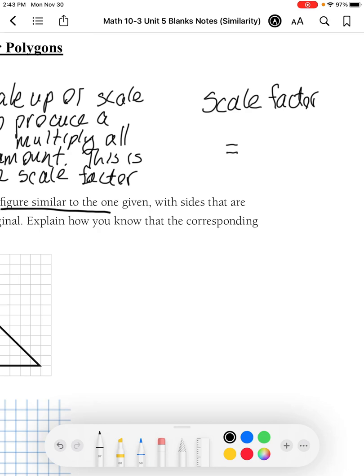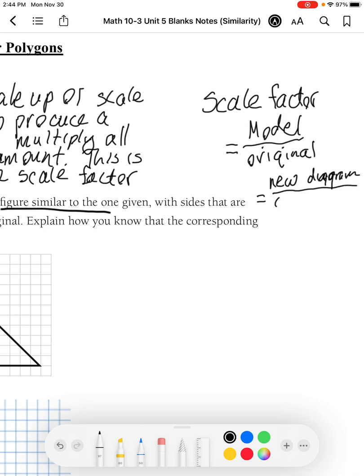So if you think about building a model of a building, if you're an architect, or maybe you're making a model of the Empire State Building out of Lego or something like that, it's the model over the original. Or you could think about it as the new diagram over the old diagram or original. And we're going to see what that looks like in a second.